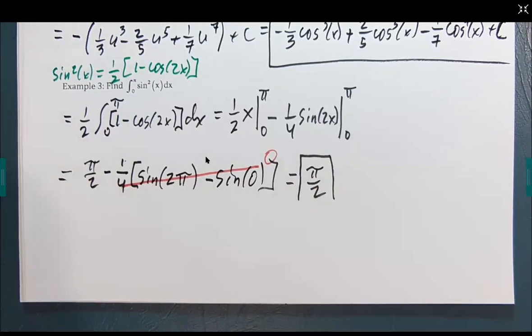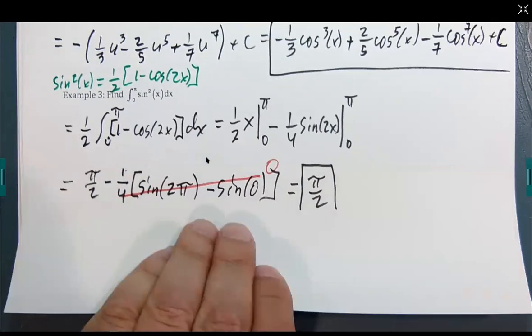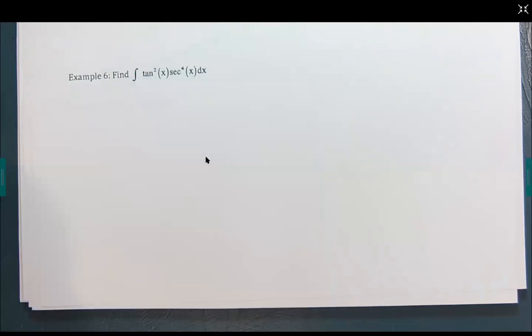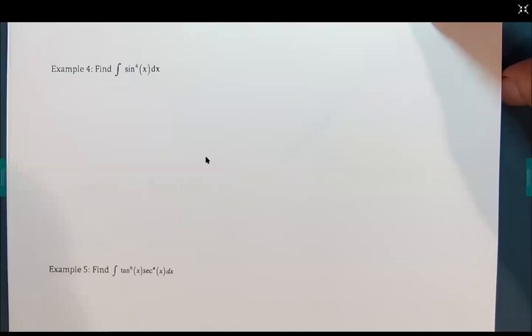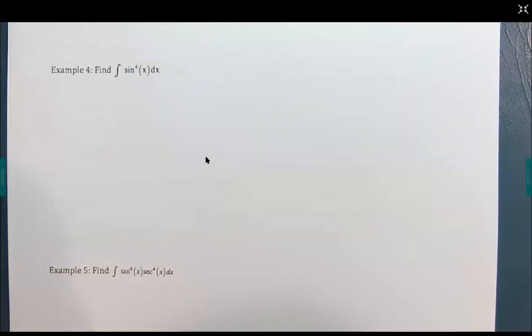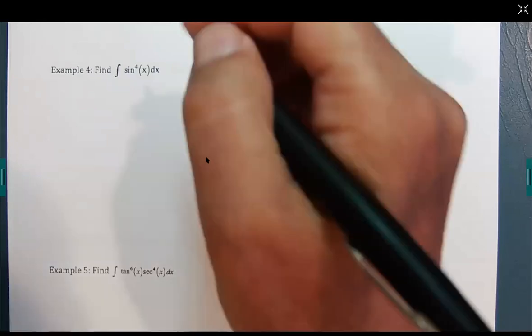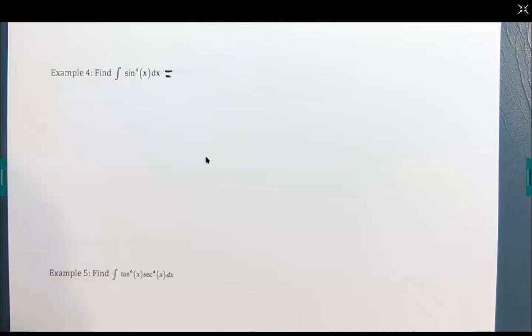All right, now we're going to do a variation on this exact same one for our next example. Let's switch over. So sine to the 4th, once again, I'm going to use that trick I did before. I'll actually write it out this time. This is sine squared squared. Please note there are 2 ways to manipulate sine squared x.